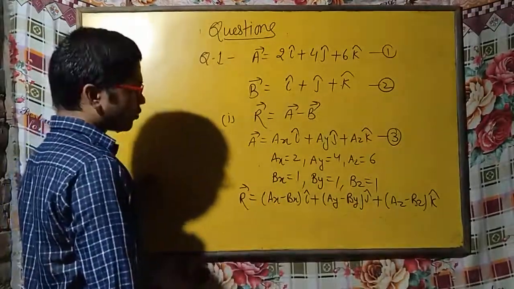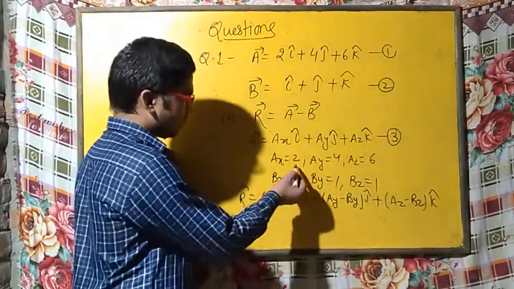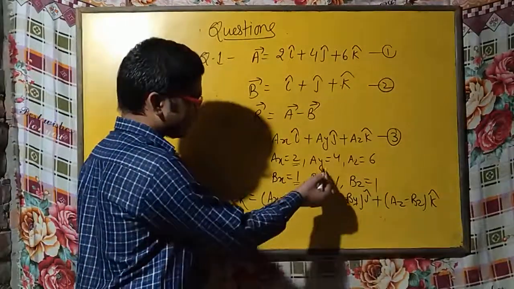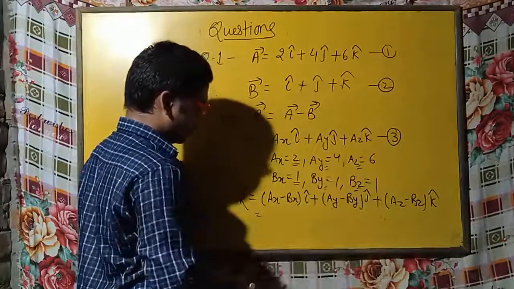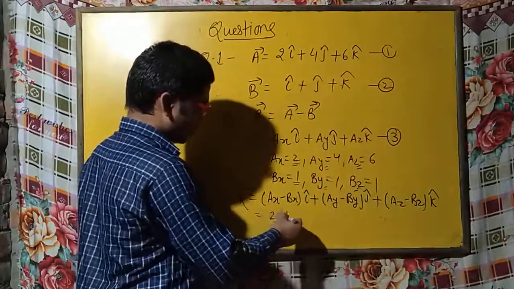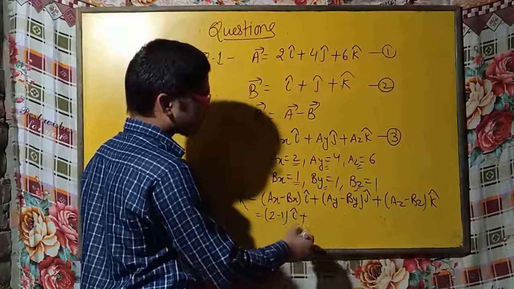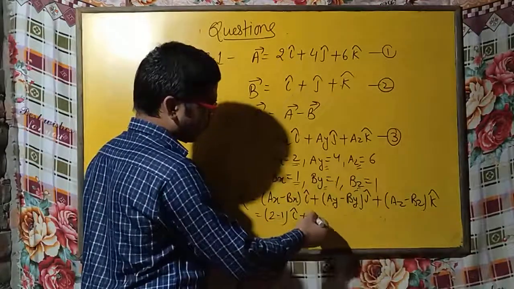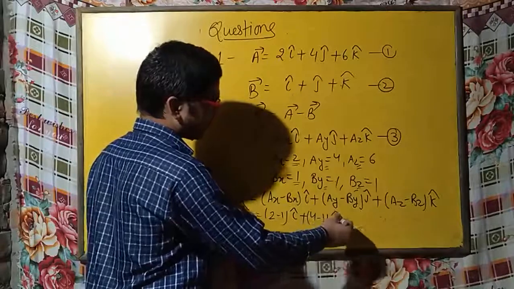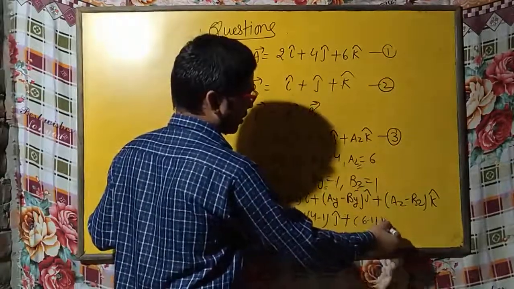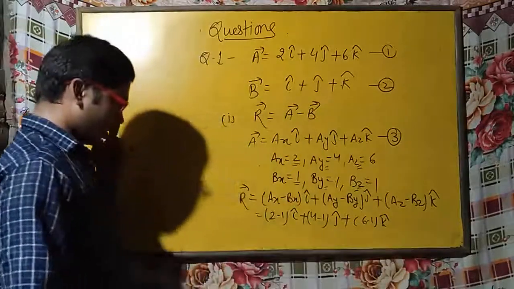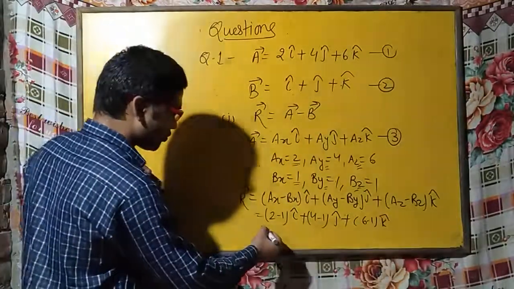So now we are ready to use the values of ax, bx, ay, by and az, bz. So you can write here 2 minus 1 i plus 4 minus 1 j plus 6 minus 1 k, right? Now you can subtract these, so you will get 1.